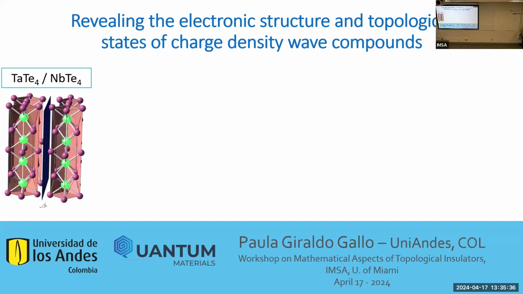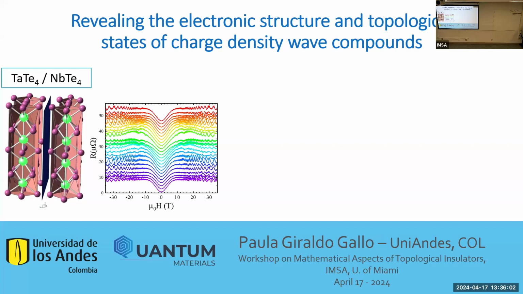The material I'm going to talk about belongs to the transition metal tetrachalcogenide system. It has two main members, tantalum tellurium-4 and niobium tellurium-4, and these are quasi-1D materials in which you have chains of metallic ions that are surrounded by tellurium, and they interact with van der Waals forces with other chains.